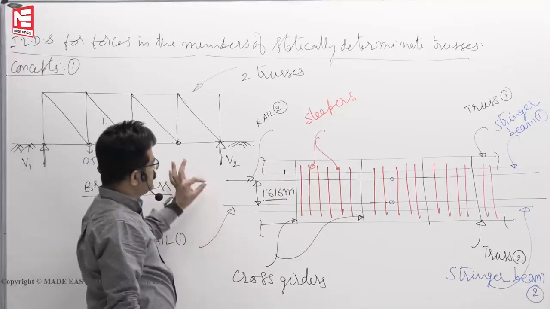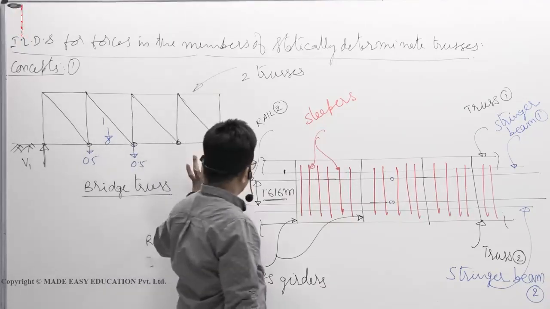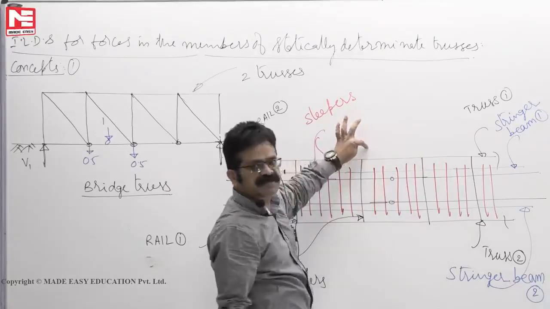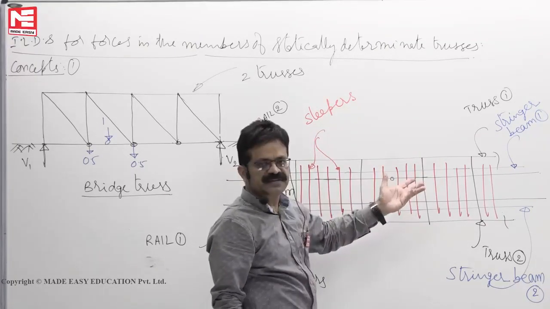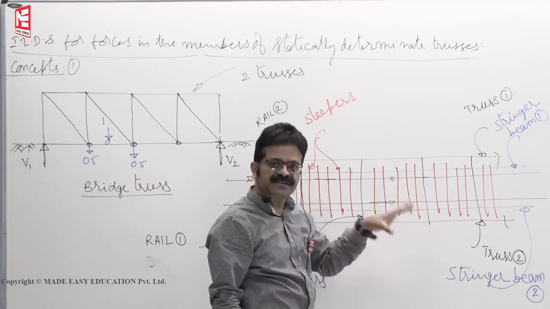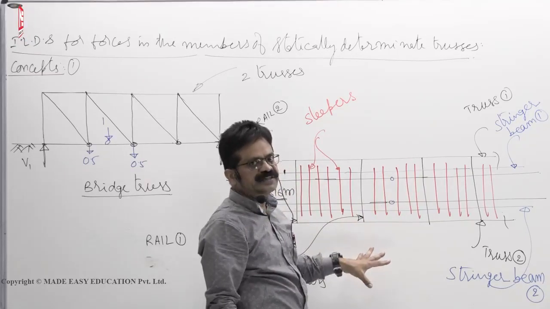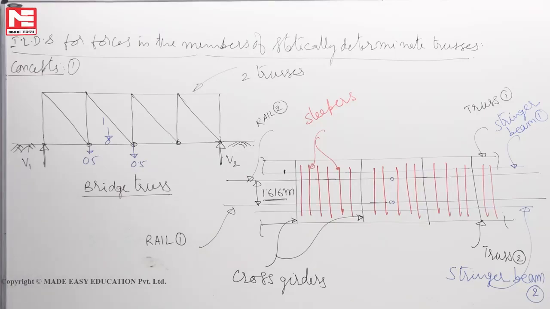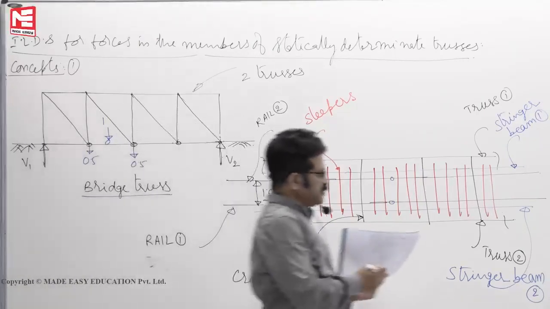Now our task is, when the unit load is moving from one end to the other end of the rail, how the force in the members of the trusses changes, or how the forces in the members are getting influenced. If you plot it, that is called the influence line diagram for force in a member of a truss. So this is our conclusion.